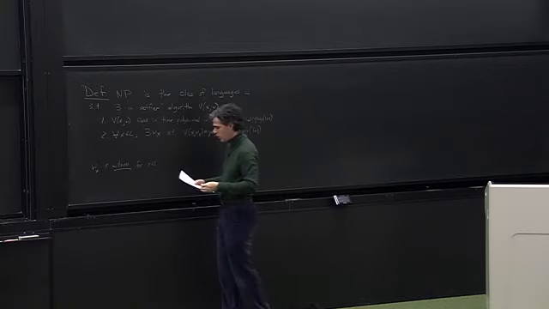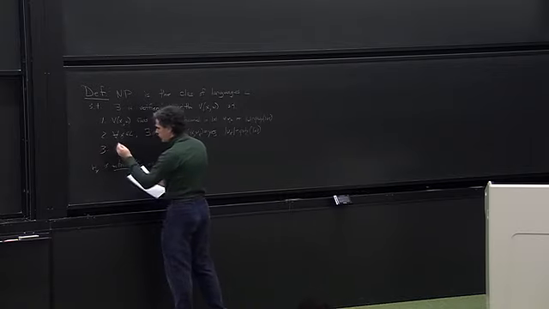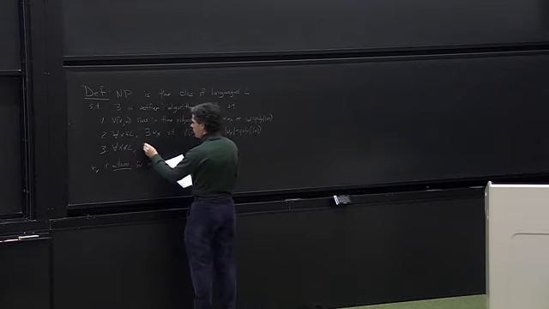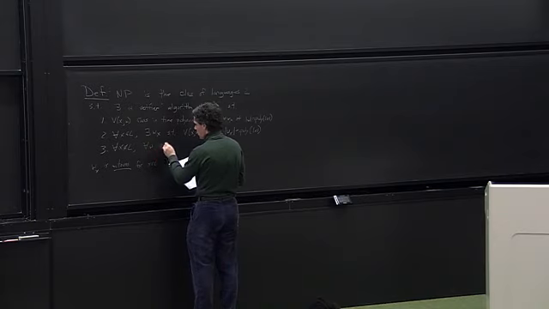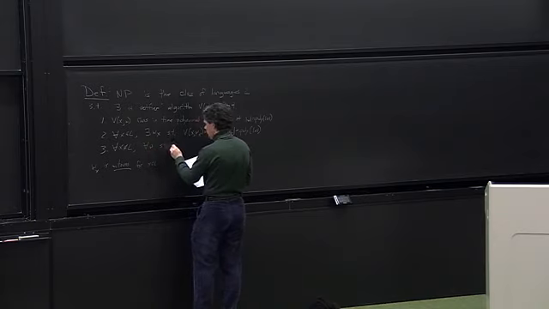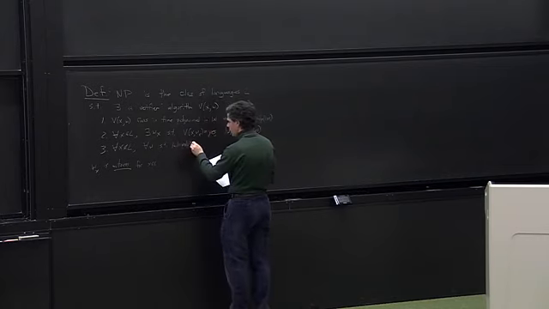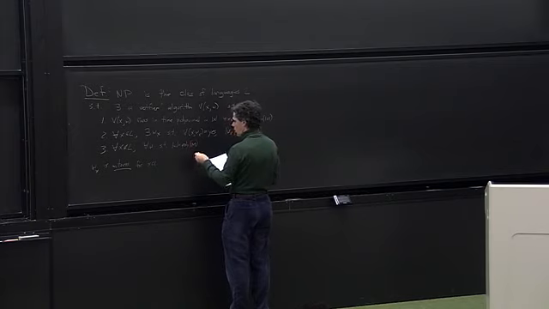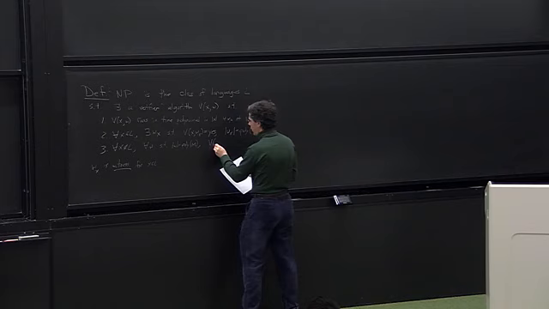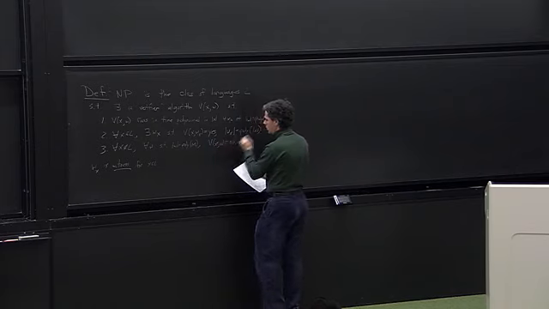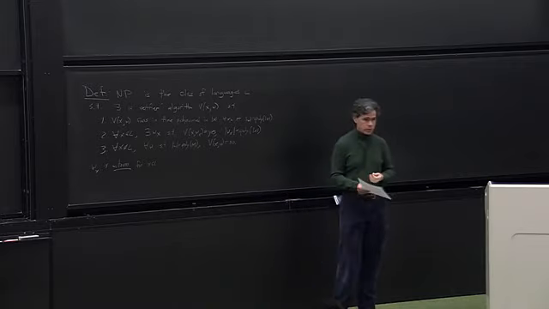OK? And if x is not in the language, then for all w, and I guess I put in the condition that w is polynomial size, although I don't think that's really necessary, if we try to run this verifier algorithm, it will say, no, that doesn't work.